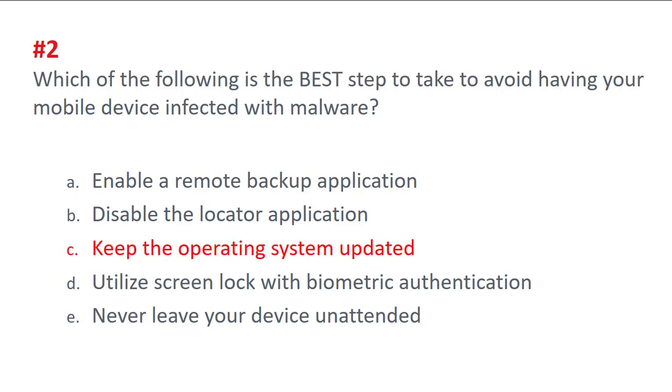Just like with your desktops, always let the updates occur. There's a reason those updates are out there, for vulnerabilities as well as new features. So keep your operating system updated. You might find that you can avoid some malware because a detection was made that could be a backdoor or some type of vulnerability in the code. So the update will fix that.